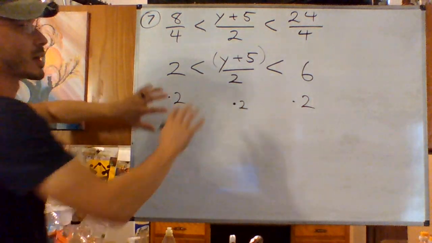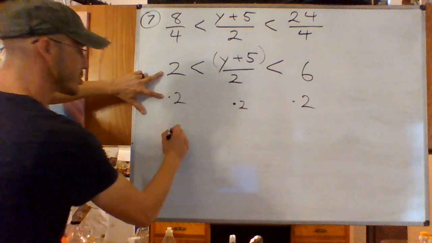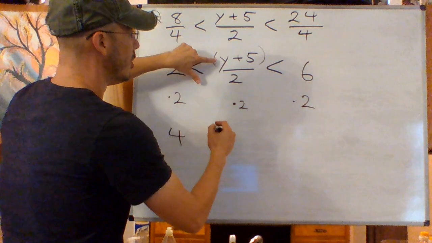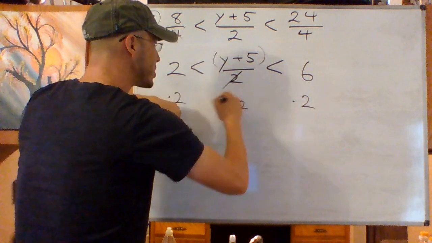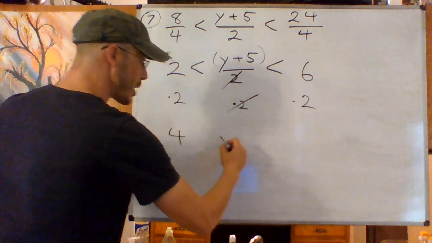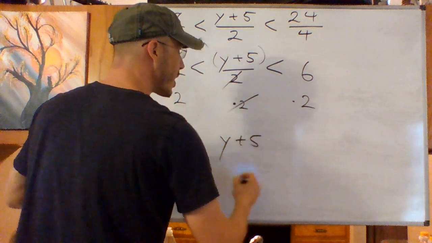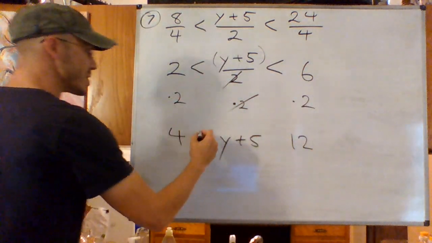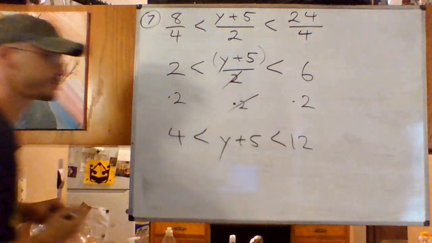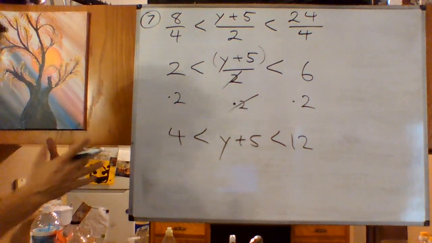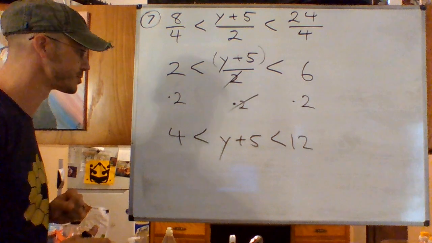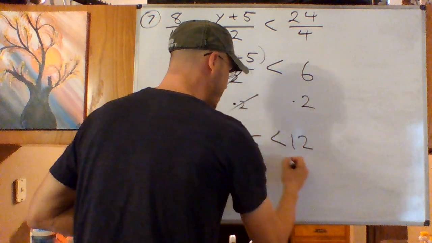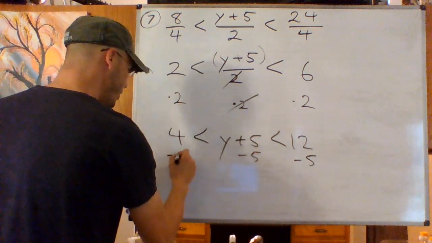So multiplying on all three sides here, 2 times 2 is 4. Y plus 5 divided by 2 times 2 cancels and leaves y plus 5. And 2 times 6 is 12. So this is a less than and a less than. I've got a simpler sandwich than when I started. The last step is to subtract 5 from all three.